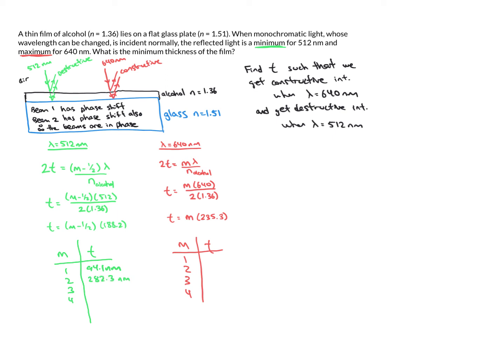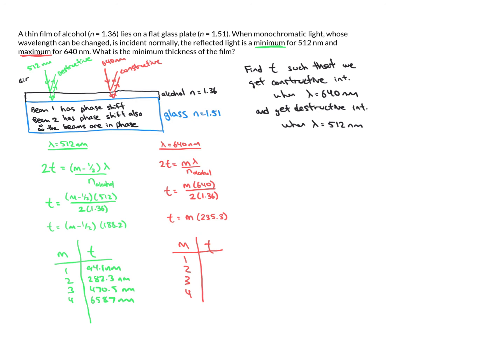And as I increase the m value by 1, I'm basically going to increase my thickness by 188.2. So when I plug in m equals 3, the result's going to be 470.5. When I plug in m equals 4, the result will be 658.7. I may have to do some more, but I'm going to try a few on the red side.